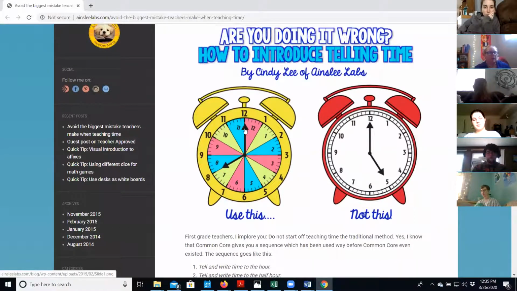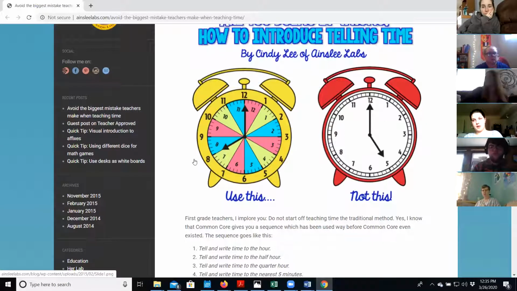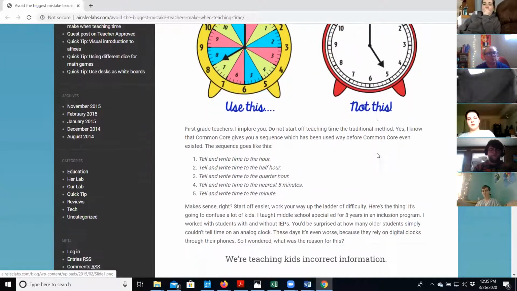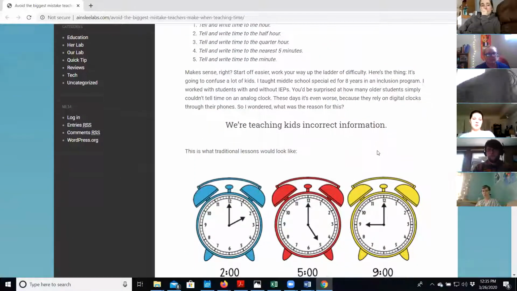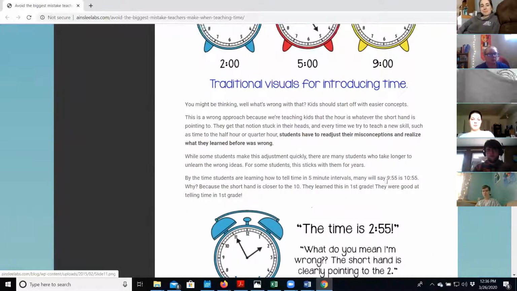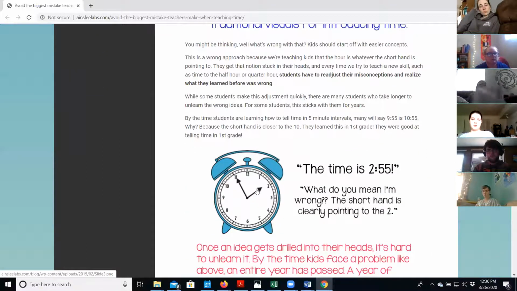So by showing these little clocks, y'all see those? Yeah. Okay, good. I'm making sure that I'm not just talking about nonsense here to y'all. There's a colored one and then a red one. Yes. So when y'all see the hour hands that are in these little pie pieces, that would represent the hour, as opposed to seeing these kind of things. Like, this is fine. But then they see this, and a lot of students will say that this is 2:55 because it's pointing at the 2.